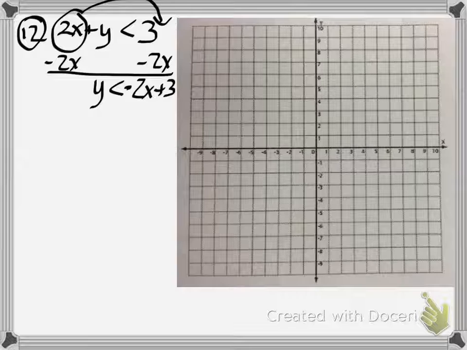We can identify our slope and our y-intercept. So our slope is negative 2, but I need it as a fraction. Over 1. I need my y-intercept. 3. Is this line going to be solid or dashed? So I start on my y-axis at 3, and then I fall 2, right 1.